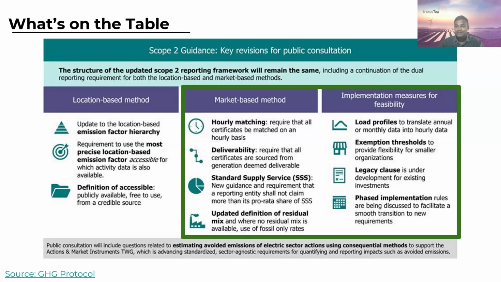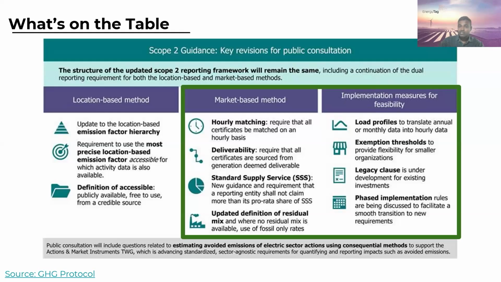For example, in India, the Central Electricity Authority publishes the grid emission factor every year. So this is a credible resource to be used. In many markets, the state or national agency connected to the power markets usually publishes emission factors. That's what you can use.